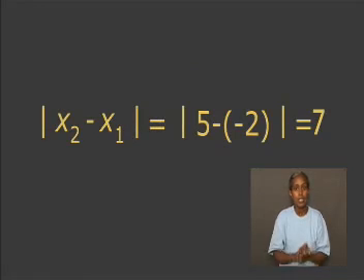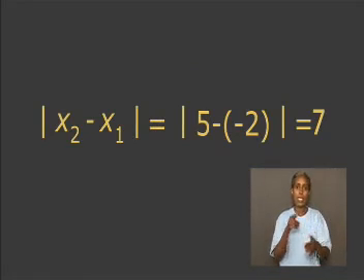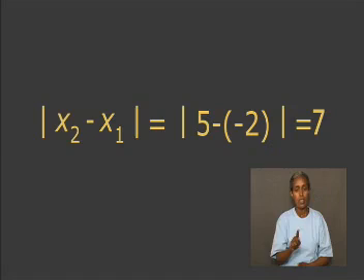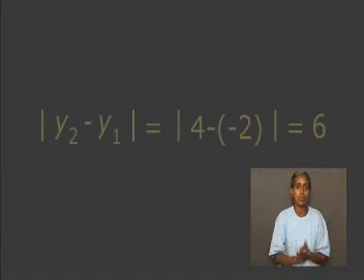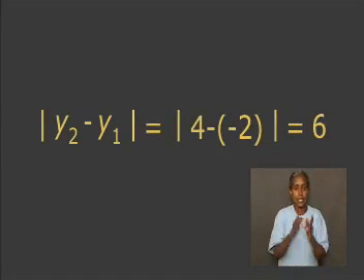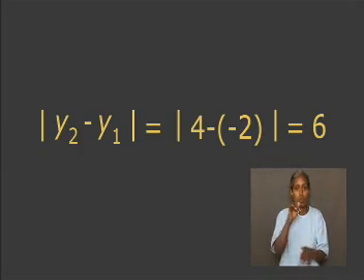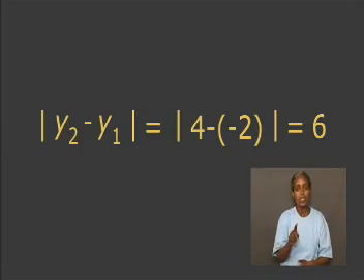The absolute value of x2 minus x1 is 5 minus -2, which equals 7. The absolute value of y2 minus y1 is 4 minus -2, which equals 6.